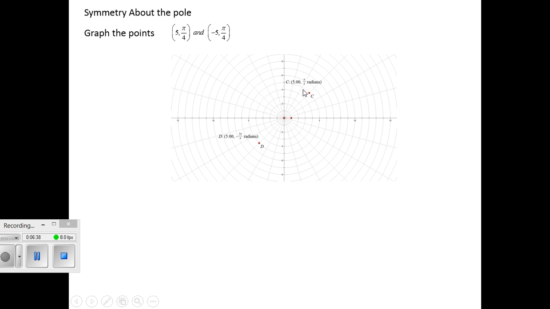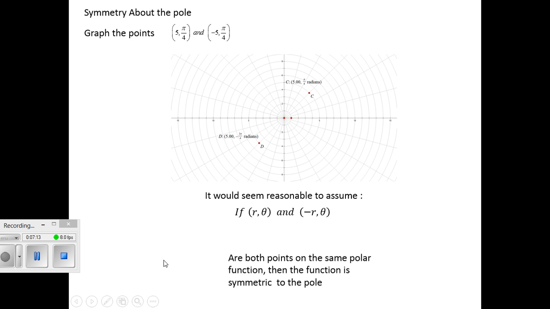Of course, negative 5 pi over 4 would be the 5 pi over 4 projected backwards, which is equivalent to swinging this point 180 degrees around, and that's effectively what we mean by symmetry with respect to the pole. You might think of it as the origin, but of course that is the pole in polar coordinates. So they're basically 180 degrees apart. Replacing r with negative r, r theta and negative r theta are point symmetric with respect to the pole.